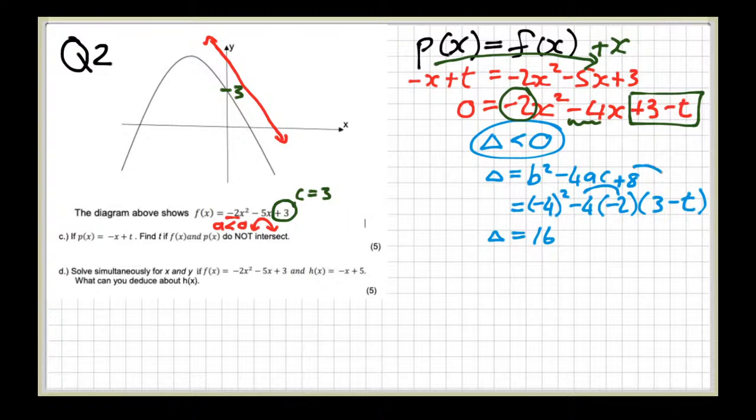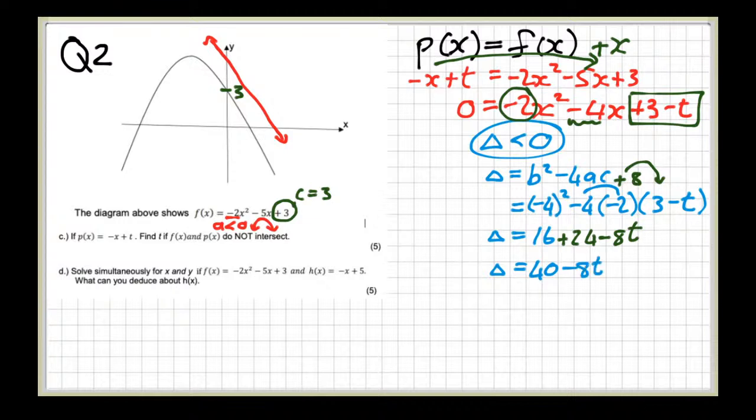If I multiply the plus 8 in, I get plus 24 minus 8t. So my simplified expression for the discriminant is equal to 16 plus 24, which is 40, minus 8t.